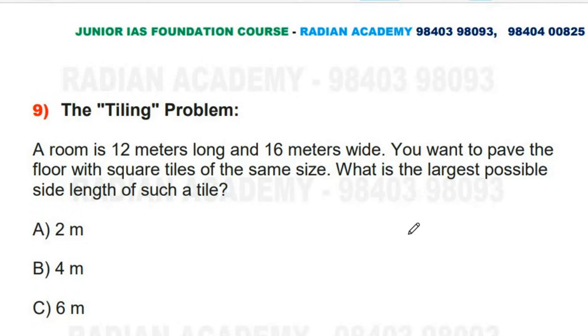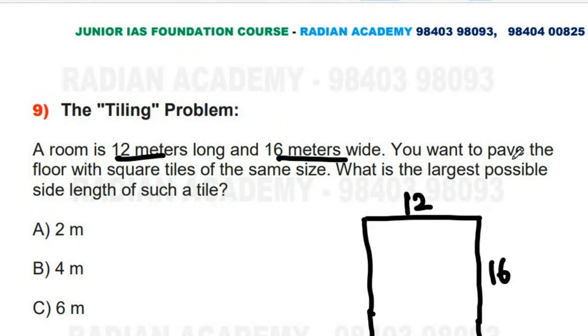The tiling problem. A room is 12 meters long and 16 meters wide. You want to pave the floor with square tiles of the same size. What is the largest possible side length of such a tile? If x is the side of the tile, what is the value of x?